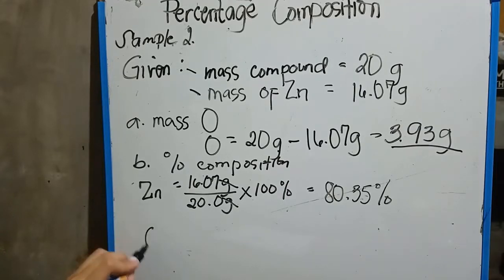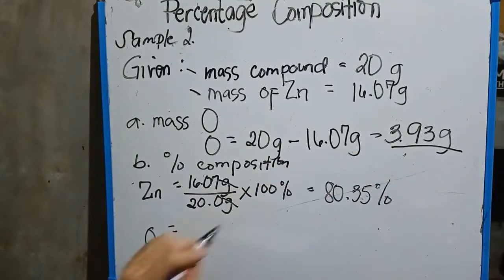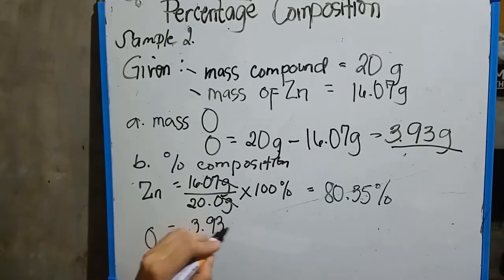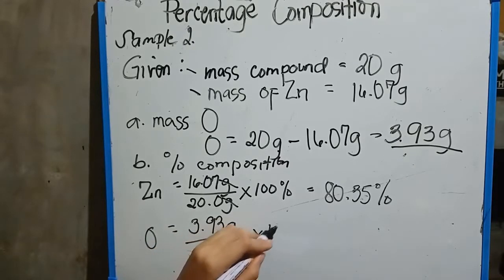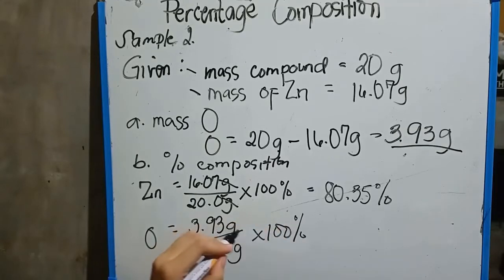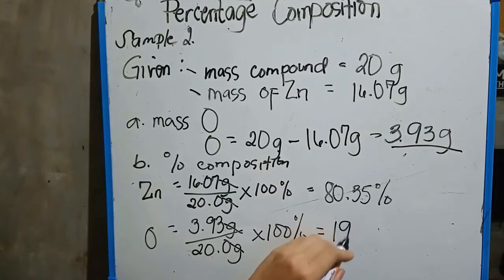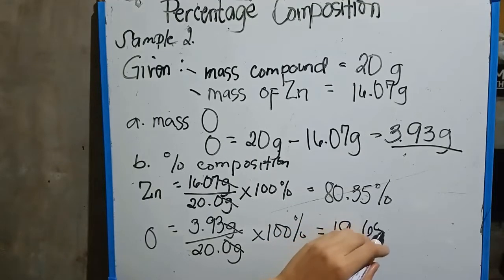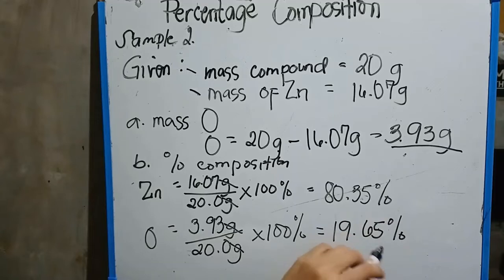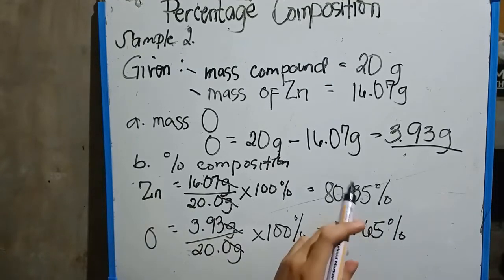So our zinc is equivalent to 80.35%. How about our oxygen? Copy 3.93 grams divided by 20.0 grams times 100%. Cancel out the grams, so it's 3.93 divided by 20 multiplied by 100, which is equivalent to 19.65%. How will we determine if it is 100% in total?